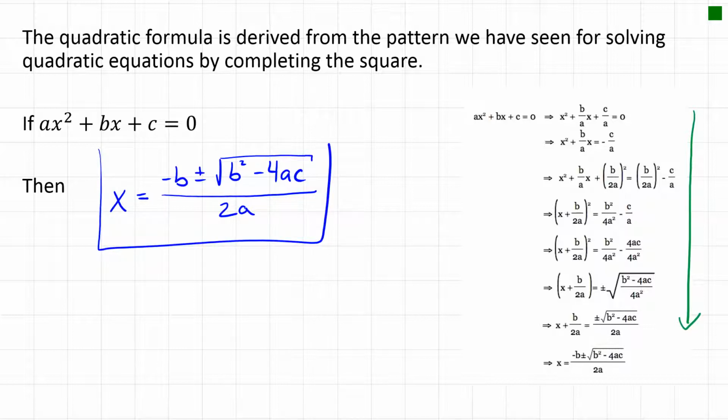This is the quadratic formula, and it gives us solutions to x. You can see it has those features we would expect, like two solutions, positive and negative, and a square root, only it doesn't require us to complete the square. It doesn't require us to do any work besides writing the quadratic equation in the form ax squared plus bx plus c equals 0.